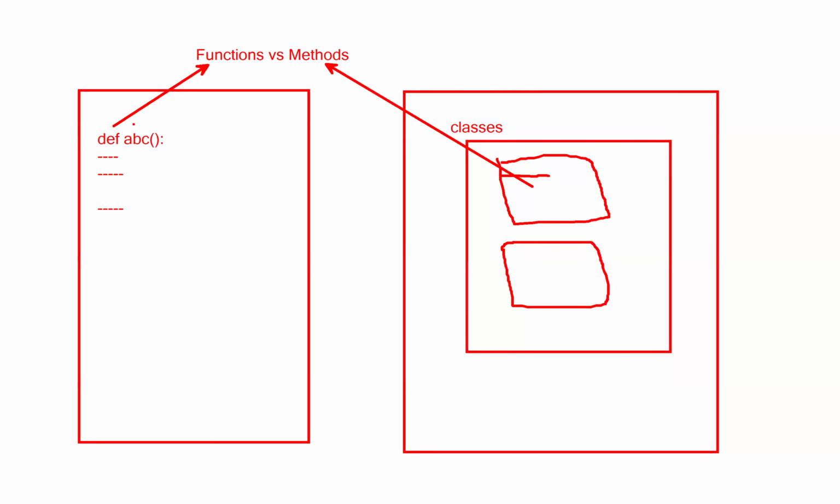Now let's say this is M1, method 1, this is M2, and this is F1, function 1. The difference is that in order to access these methods, you have to use the reference of that class. A string is also a kind of object, and the string variable you create is the reference.